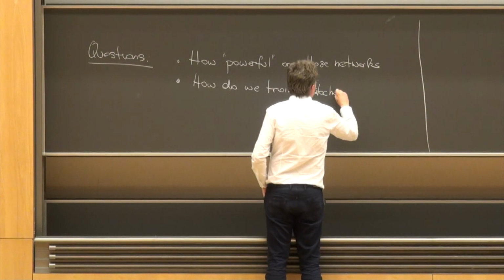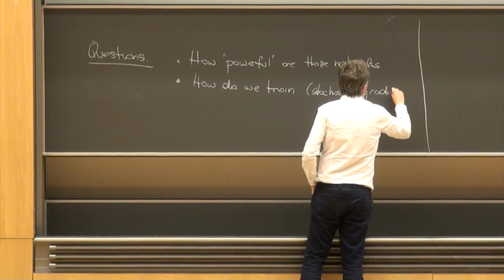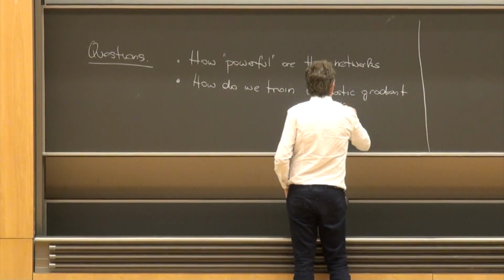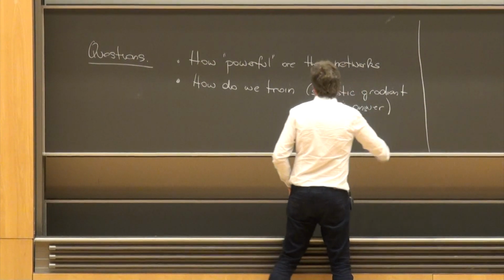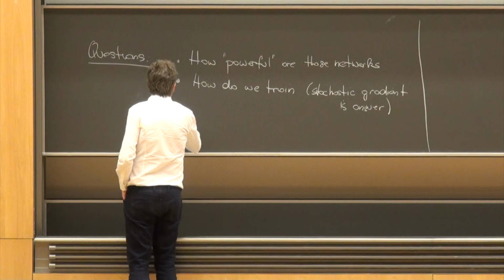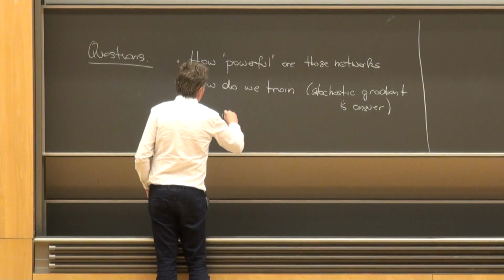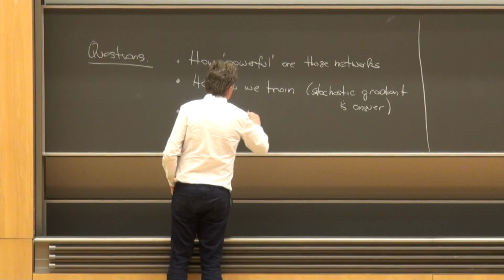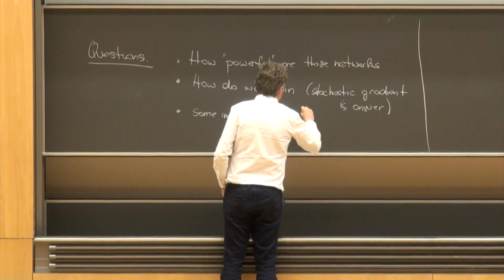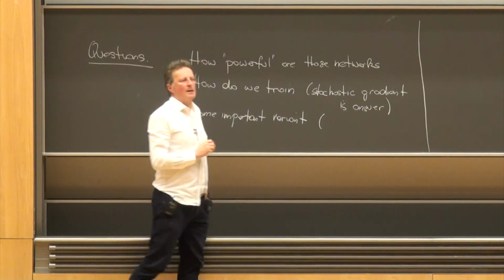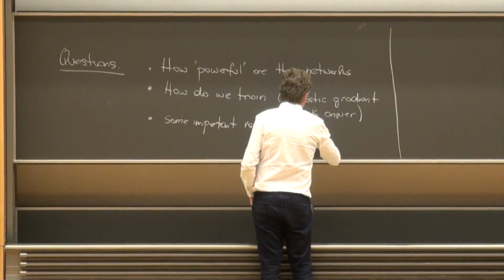And so we'll see, as we already saw, that stochastic gradient is the answer. Then we'll look at some important variants, and in particular, convolutional nets.